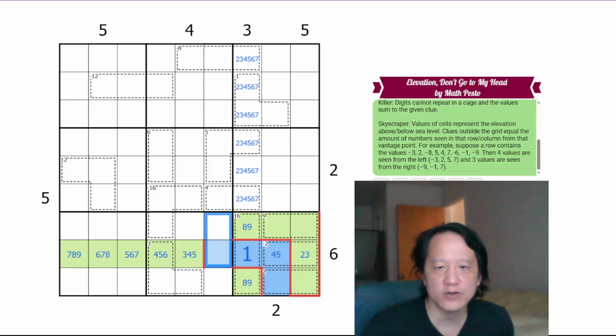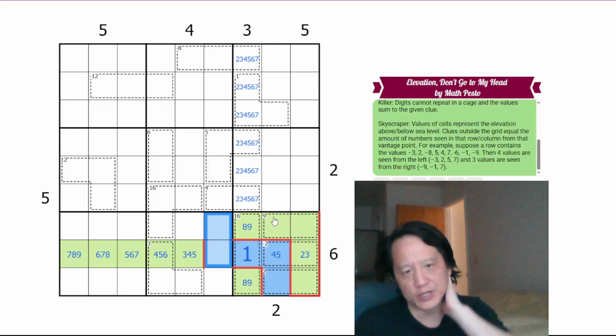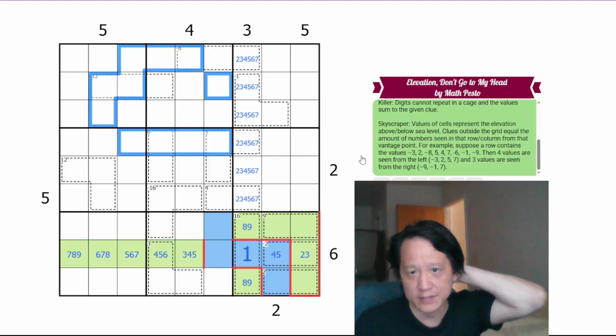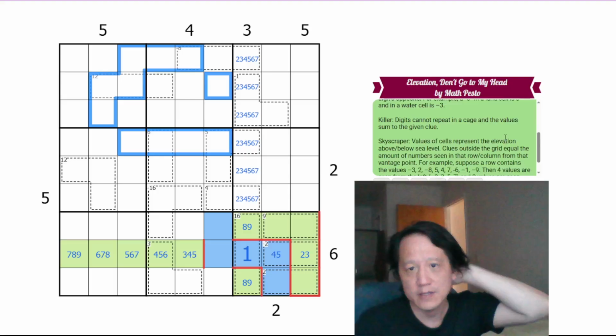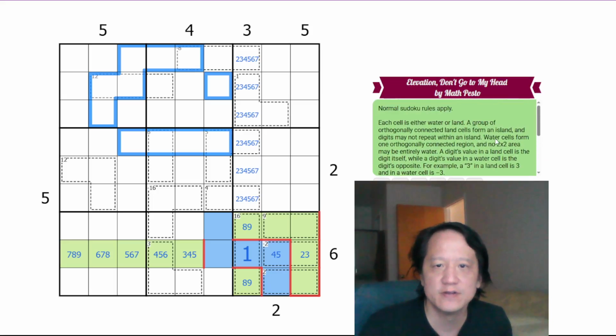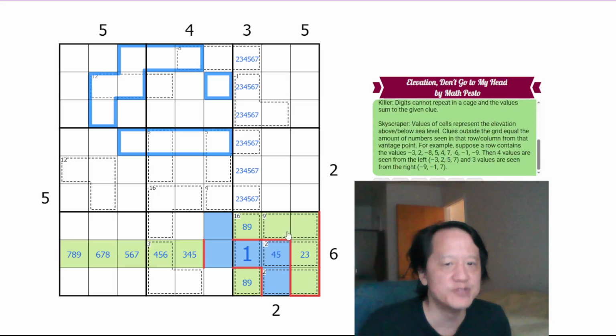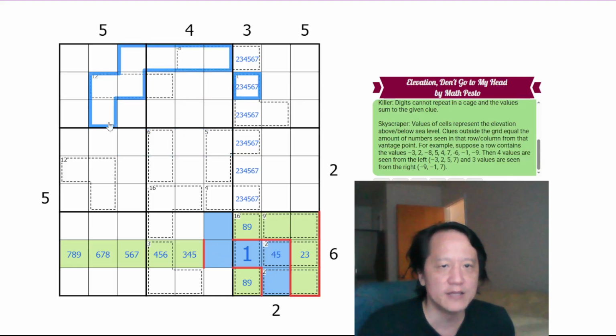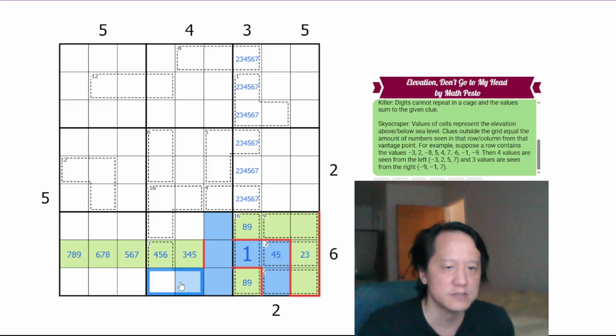This is then going to go out to connect to the water here, and the reason why we know that this is not one large island is that islands cannot have repeats on the island itself, right? Cannot have digits that repeat. And so every island is at most 9 in length. So one of these has to be water, at least. If we had water here and land here, this water will not orthogonally connect to the rest of the water. So the water must connect orthogonally that way.